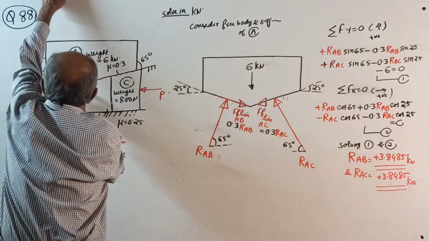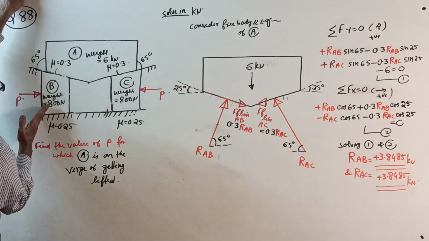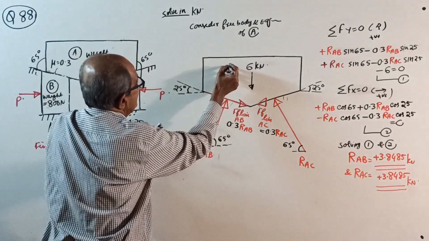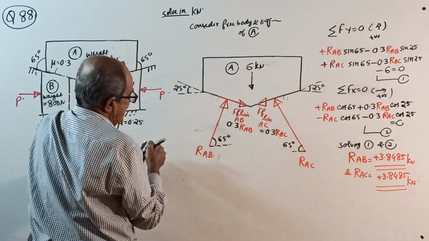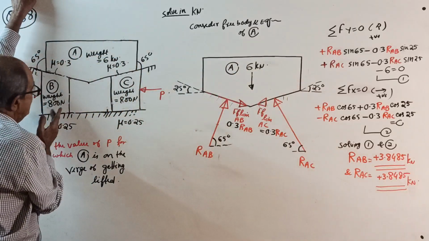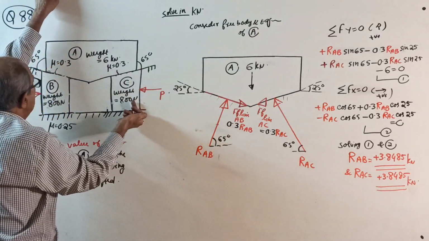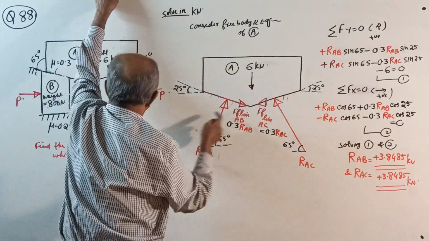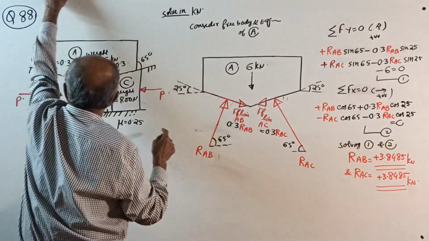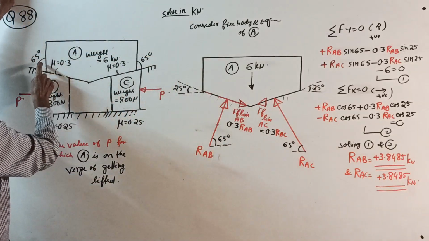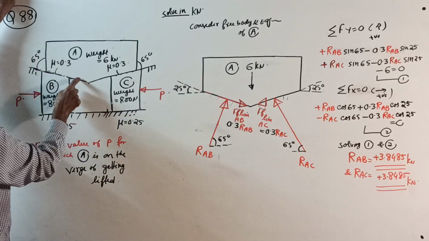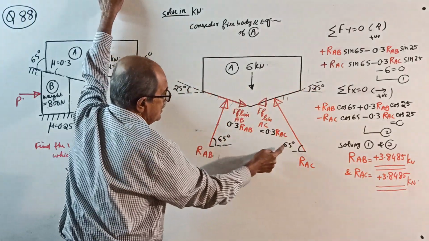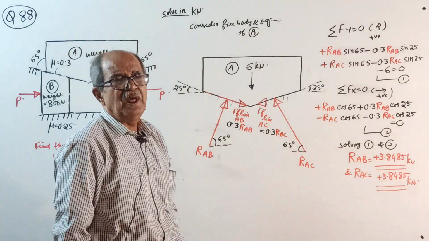There is one contact surface here, with a normal reaction RAB, the reaction for A from B, this way. And here also one normal reaction, the reaction for A from C, RAC. If this is 65 degrees, this inclined plane makes 25 degrees with the horizontal. If this is 25 degrees, these two are 65 degrees. This is primary school mathematics.